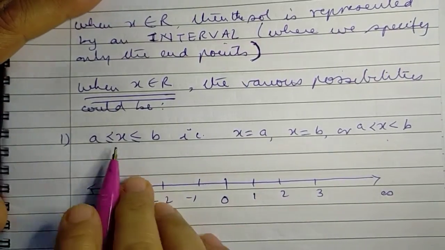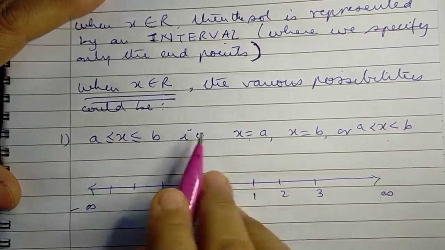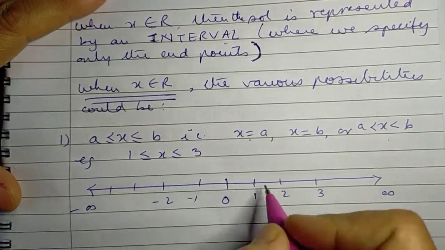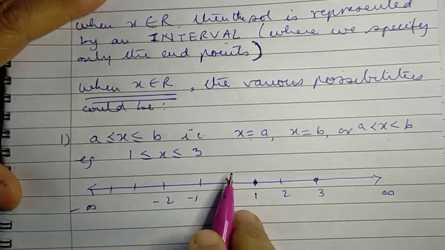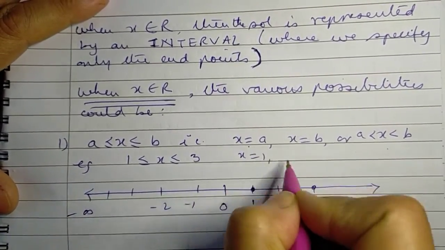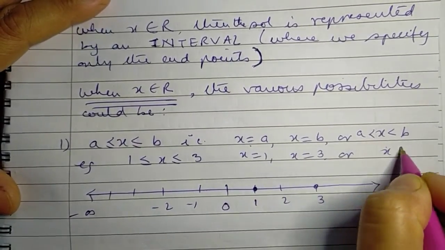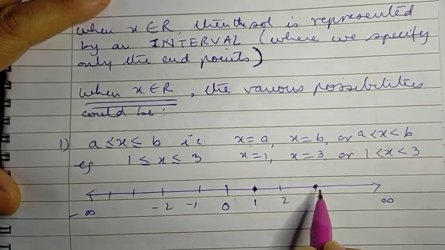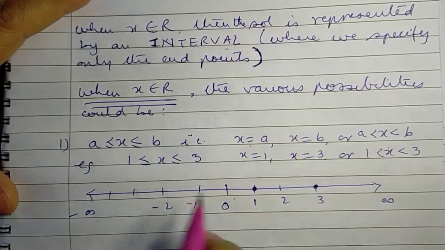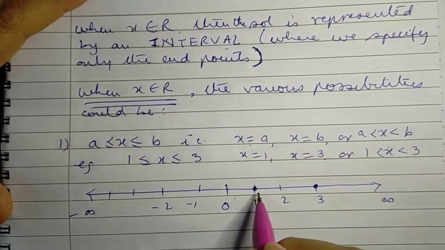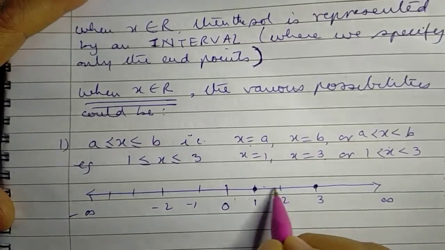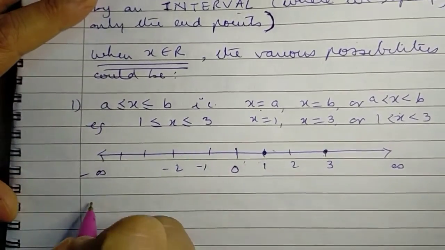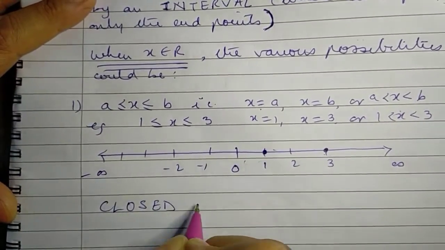Now for example we have x lies between 1 and 3, so it means x can be equal to 1, x can be equal to 3, or x can be any value between 1 and 3. So we have the upper limit as 3, the maximum value which x can take is 3, the minimum value which x can take is 1, and all possible real numbers lying between 1 and 3 can be taken. And so such an interval is called a closed interval.